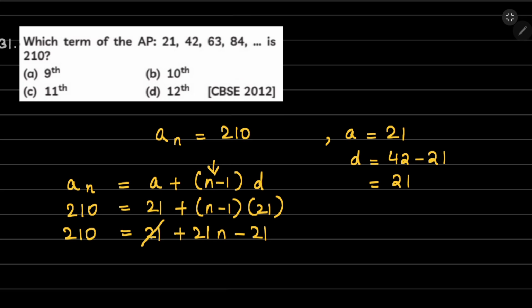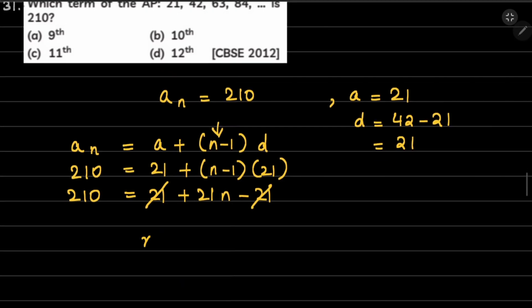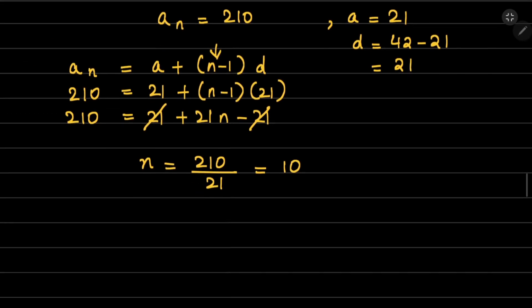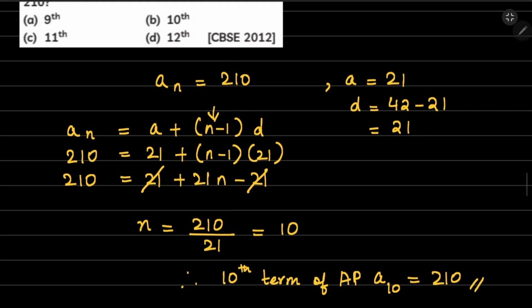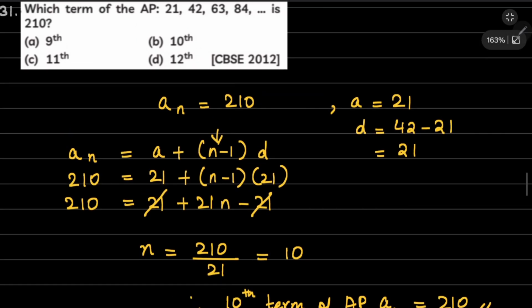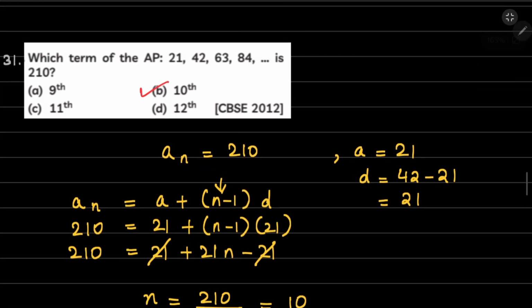This plus 21 and minus 21 get cancelled, and N is equal to 210 divided by 21, which is equal to 10. So N equal to 10 means the 10th term of the AP, which is A10, is equal to 210. So the correct answer is option number B.